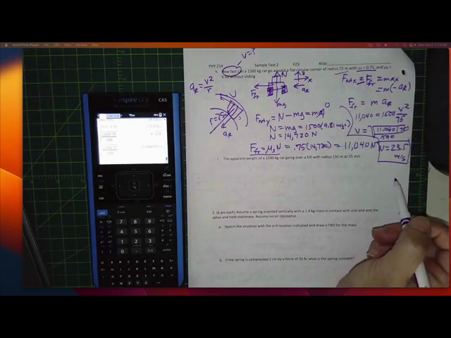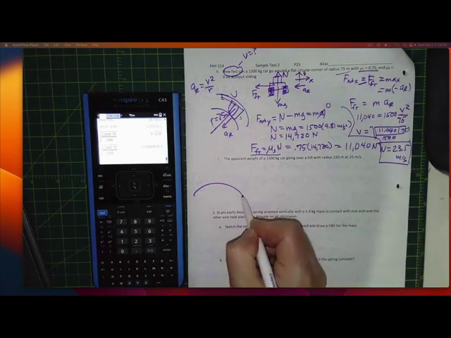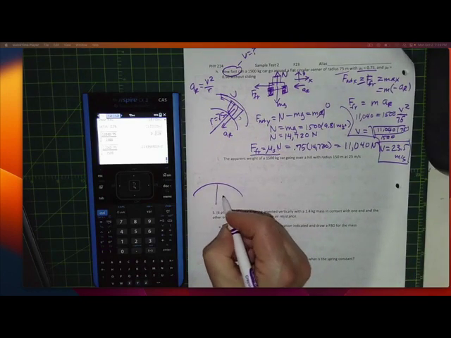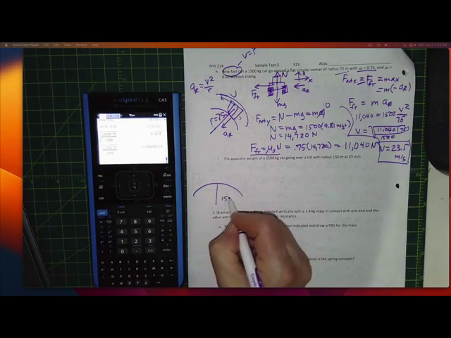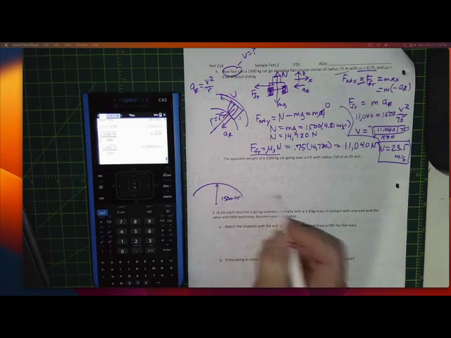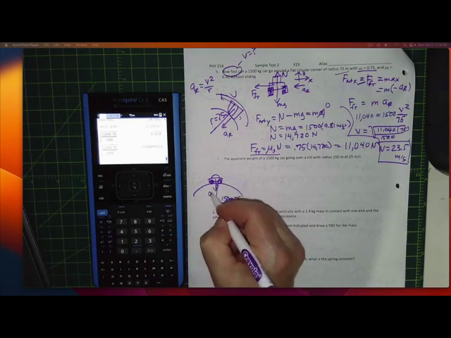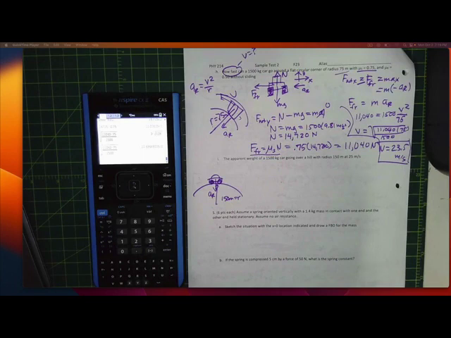Letter I, the apparent weight of a 1,500 kilogram car going over a hill with radius 150 meters. So we got a car going this way now. The acceleration is straight down to the center of the circle, and the car has some velocity over the hill.